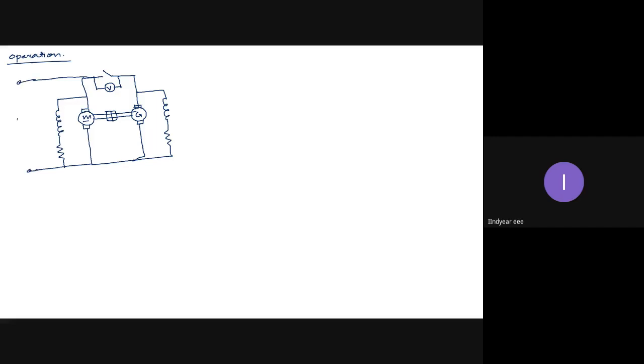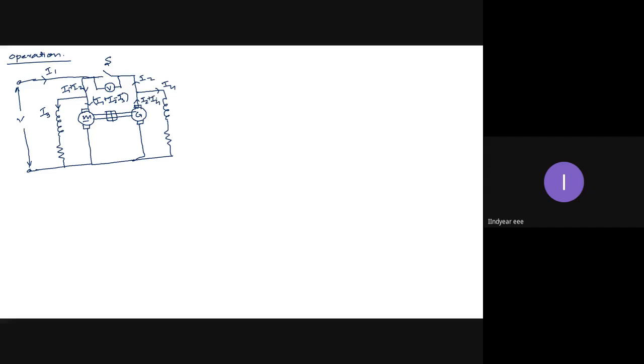So this is the supply voltage V. Current I1. This is switch S. This is current I2, I4. This is I3. This is I1 plus I2. This is I1 plus I2 minus I3. This is I2 plus I4.